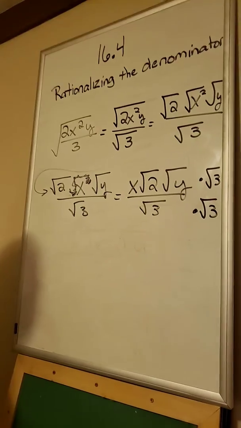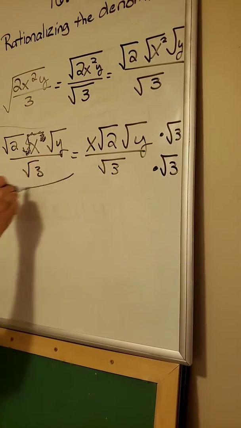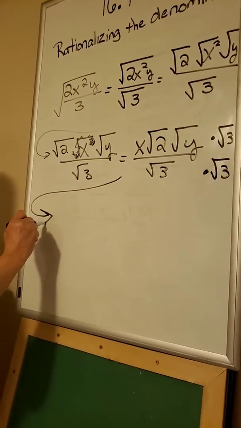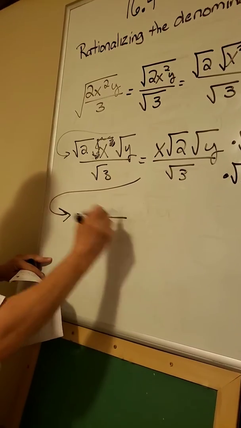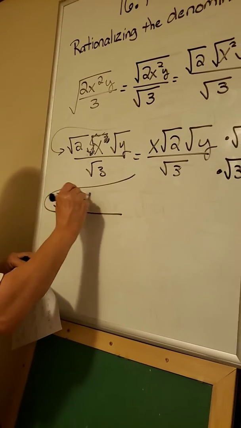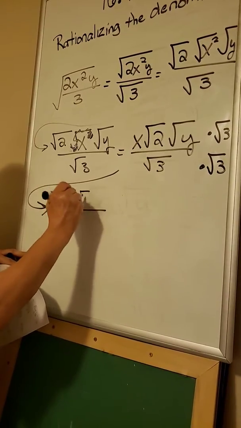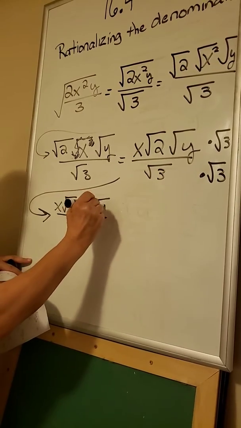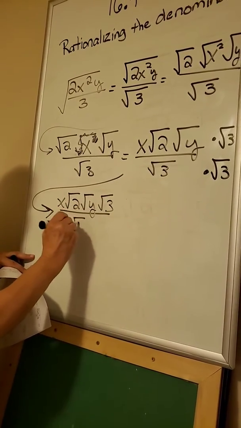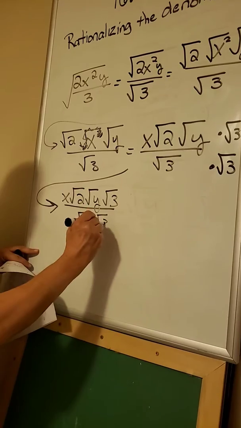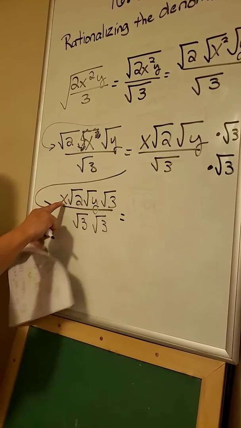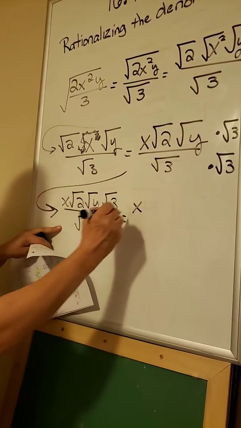Okay, so I'm going to come down here. So on the top, I have x, radical 2, radical y, radical 3, over radical 3 on the bottom. When I multiply it together, my x stays on the outside.